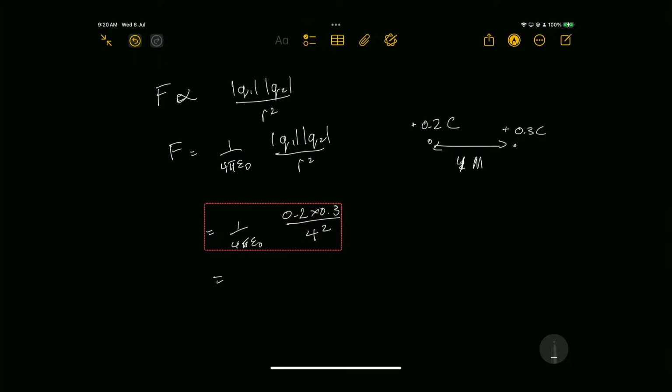What's the value for epsilon naught? Oh, epsilon naught. So this is 8.85 by 10 to the negative 12.